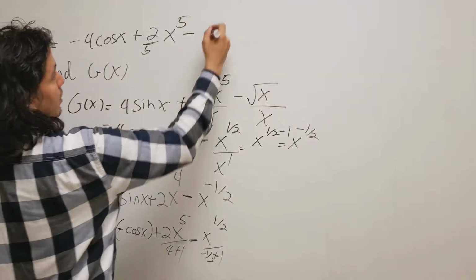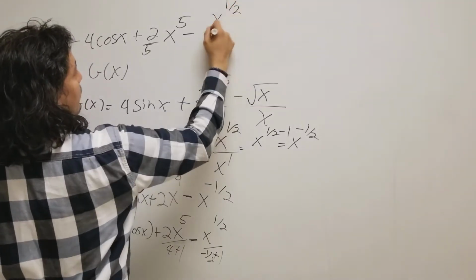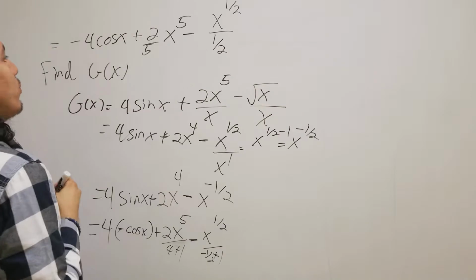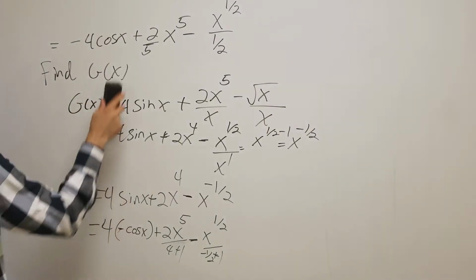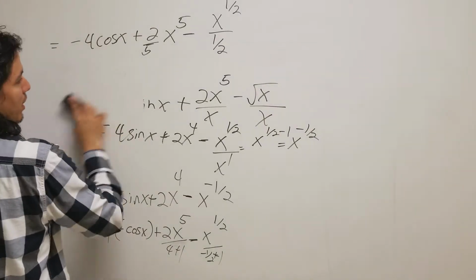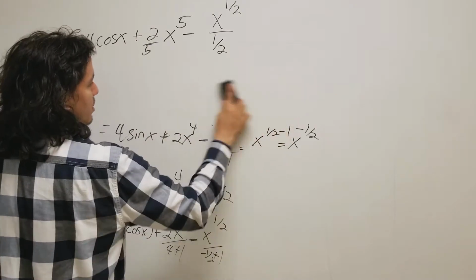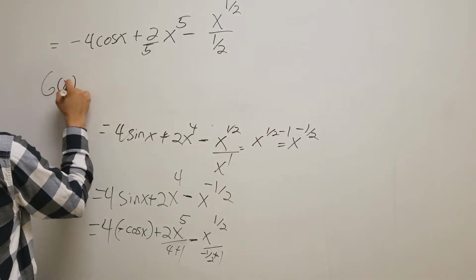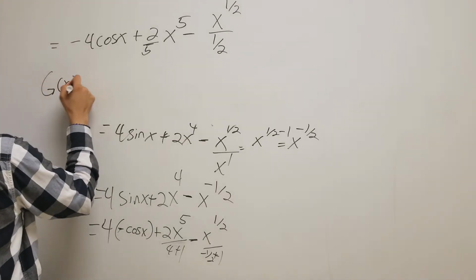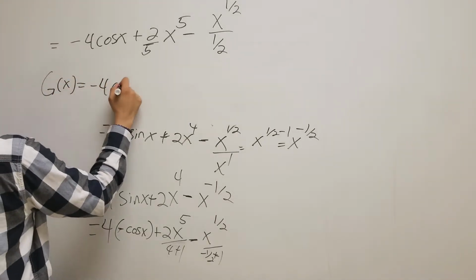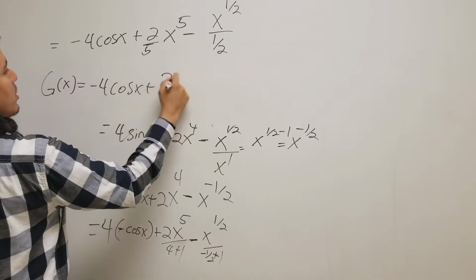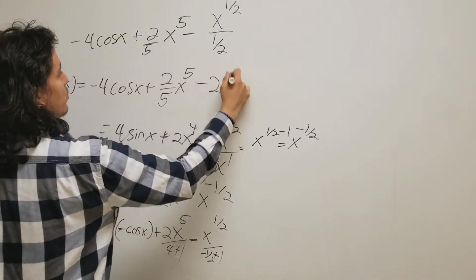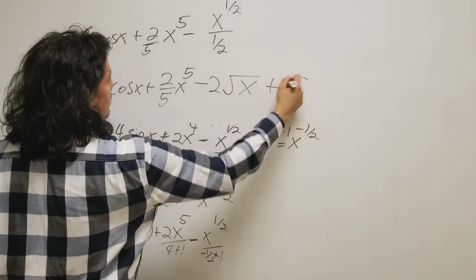Right. x to the 1/2 all over 1/2. But we know we can do the reciprocal of that. So then I'm just simply left with my g of x, that was like a 6. My g of x is going to be negative 4 cos x plus 2 over 5 x to the 5th minus 2 square root x plus some constant c.